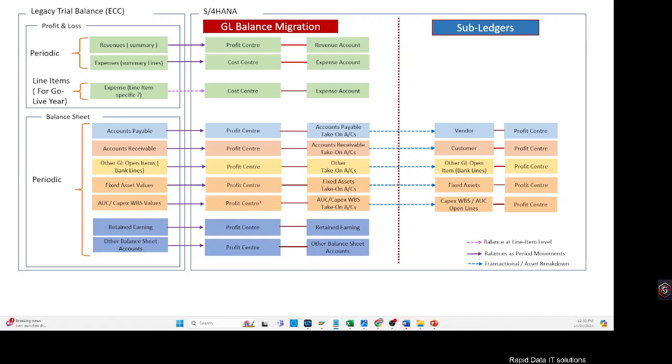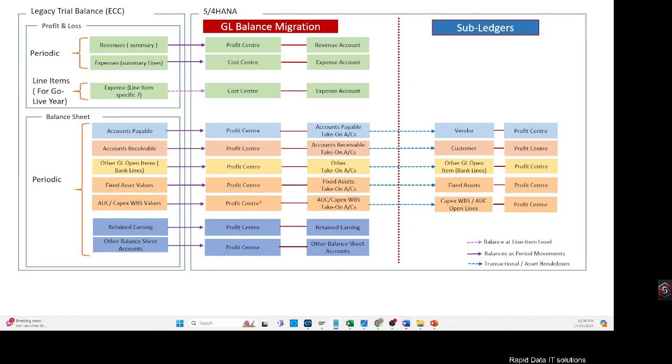And in the current year, we generally have periodic balance movement migration. What it means is, for every account, the movement of the balances in the month is part of the migration. So with that, the opening balance plus the periodic movements together is going to comprise the total live to date balance of the accounts.